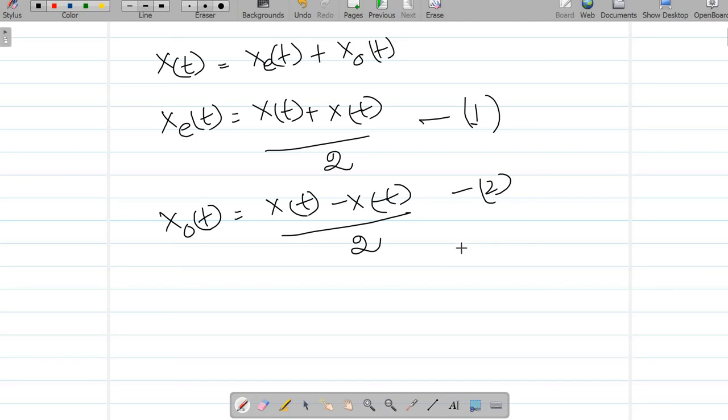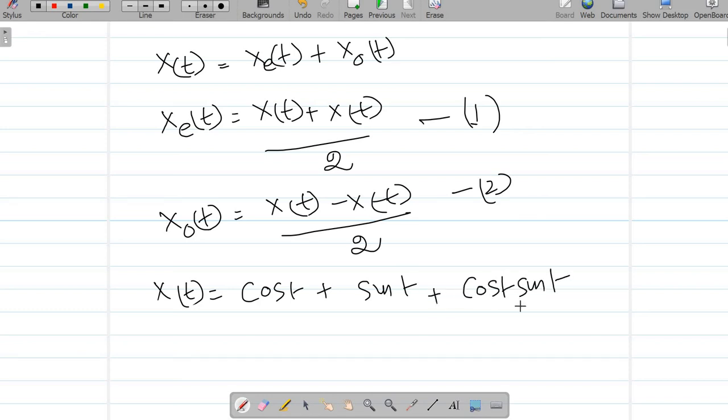So let us take a few examples. I have a signal x of t is equal to cos t plus sin t plus cos t sin t. I want to find the even part of the signal.